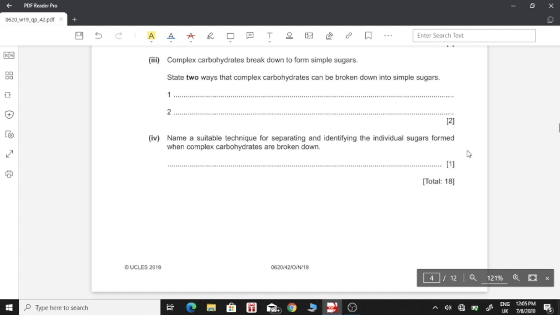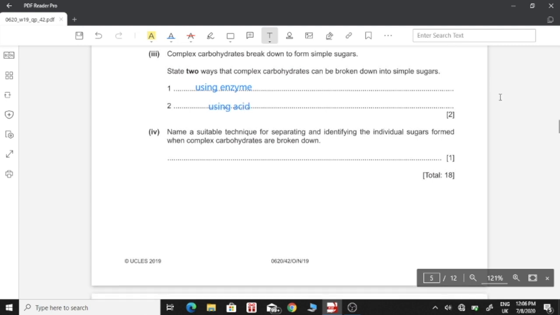Part 2. Complex carbohydrates break down to form simple sugars. State 2 ways that complex carbohydrates can be broken down into simple sugars. Right, so there's only the usage of enzymes or acids. Part 5.